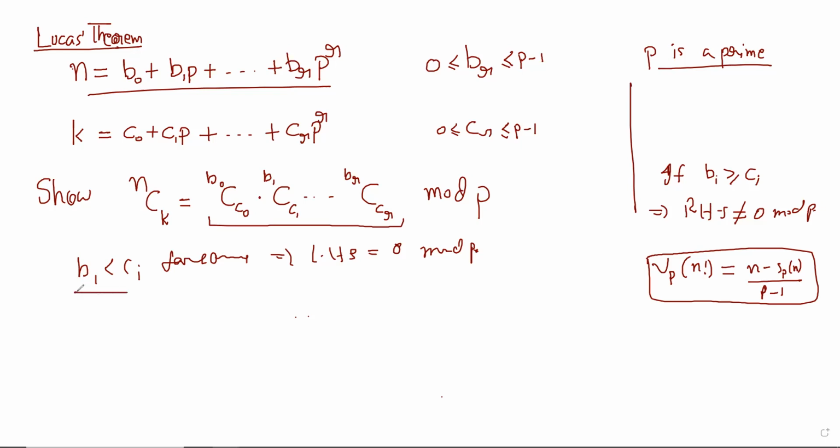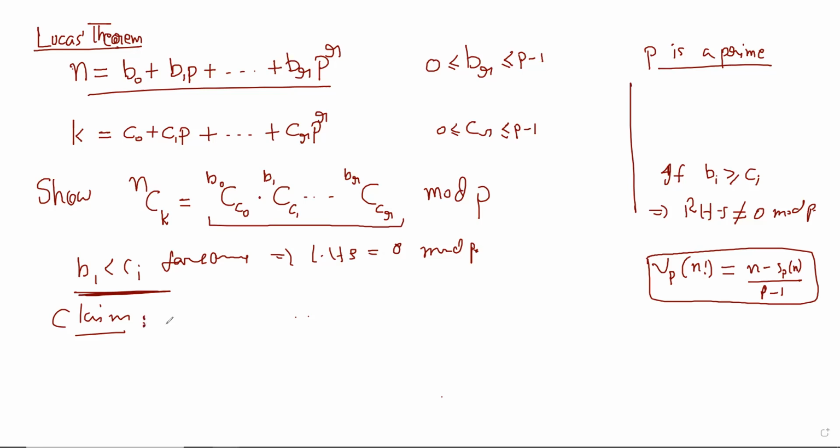Because if you take this thing, then when you do the base P expansion, you can show that the valuation will be non-zero, will be positive by the same process, because the difference will be negative, so there will be some carryover, so the sum of the digits will be less, right? So this is the claim, and this I'm not going to do. You should do it later, but that's the upshot.